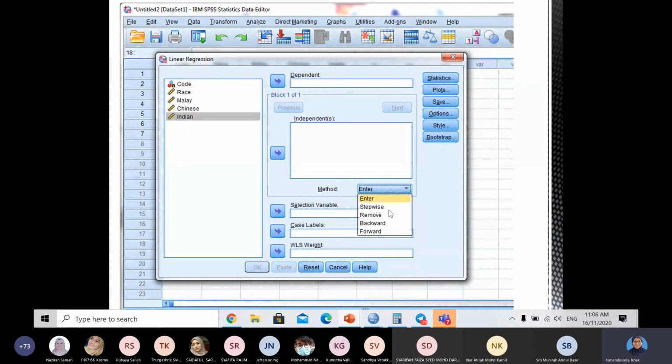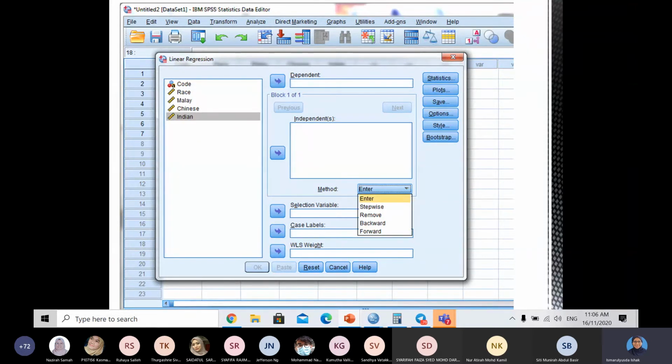But in the case of your thesis, you may have very many, say 100 independent variables. If you use the enter method, you have to add all the variables: plus 1, plus 2, plus 3, until 100.